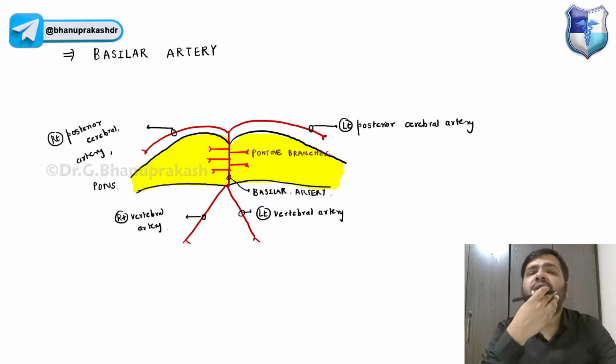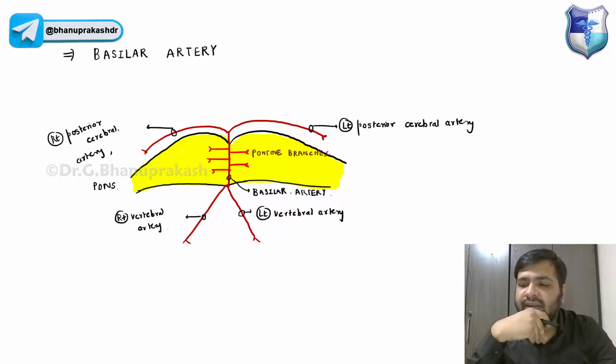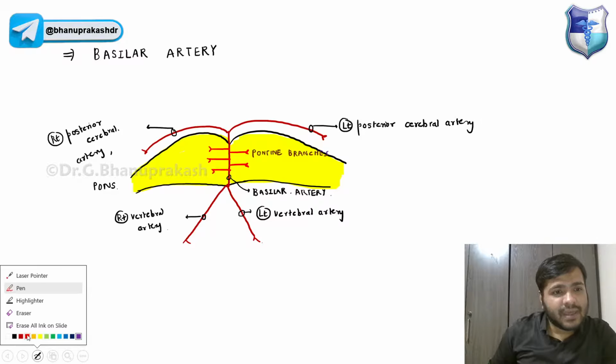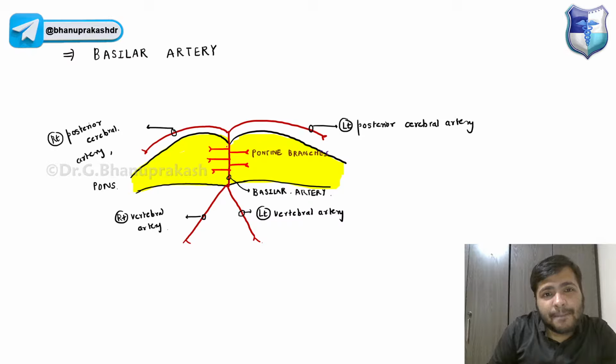Now, guys, we already know we have the cerebral peduncles, we have the crus cerebri, okay? And you will see this basilar artery giving off a branch in the upper part of the pons. It is not going above the pons, it is giving a branch in the upper part of the pons.